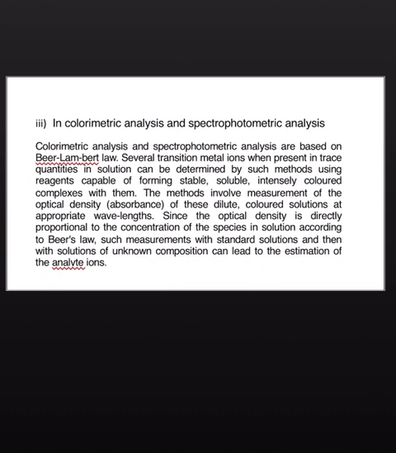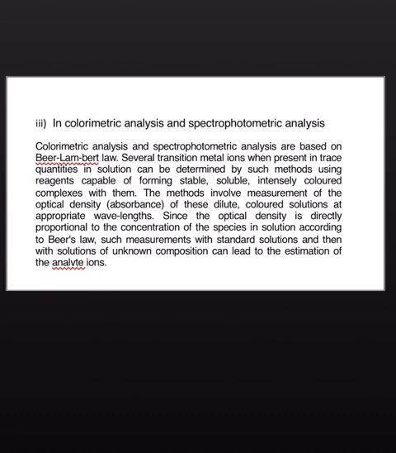Colorimetric analysis and spectrophotometric analysis are based on Beer-Lambert's law. Several transition metal ions, when present in trace quantities in solution, can be determined by such methods using reagents capable of forming stable, soluble, intensely colored complexes with them.